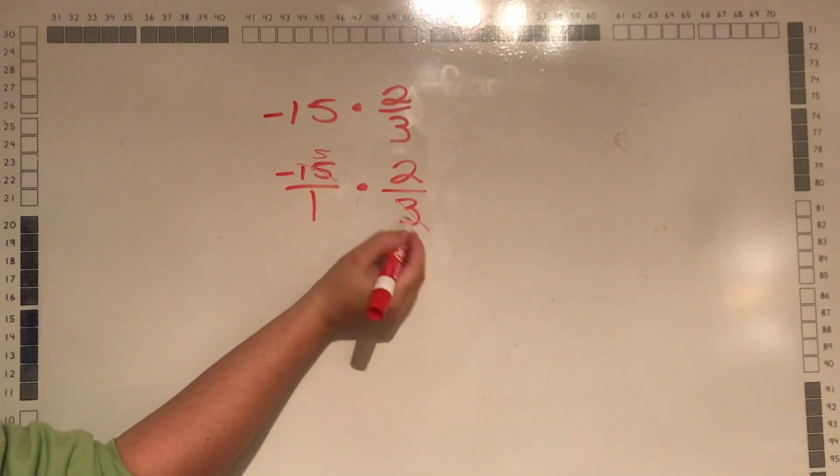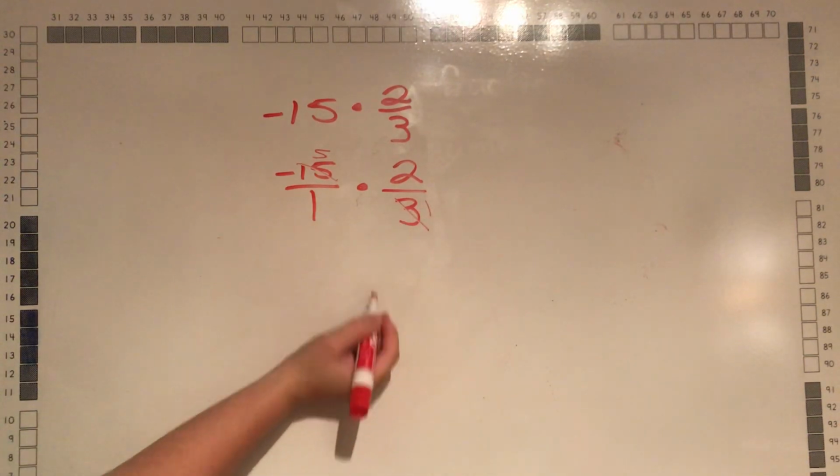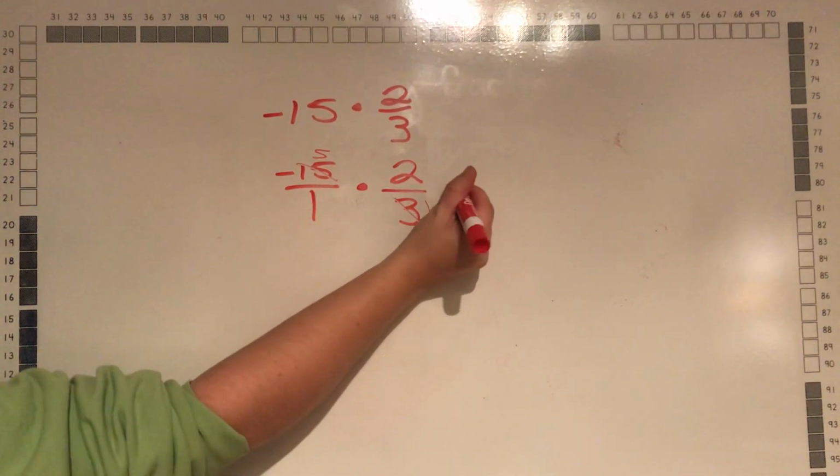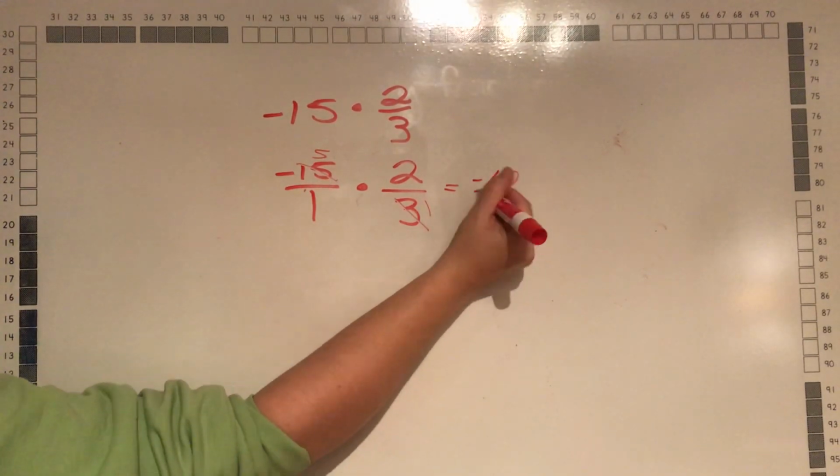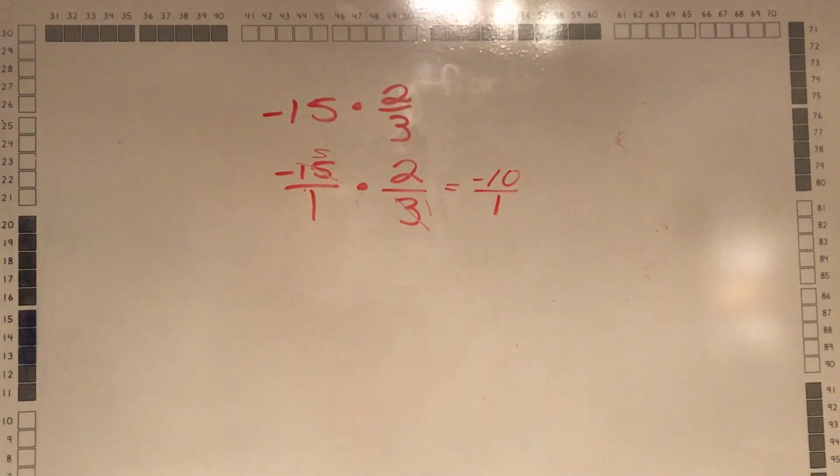So this becomes a 1, and we can multiply that out, and we have negative 5 times 2, which is negative 10 over 1, which equals negative 10. Me personally, I think it is easier to simplify after you have multiplied, but you can do it either way, whichever you are more comfortable with.